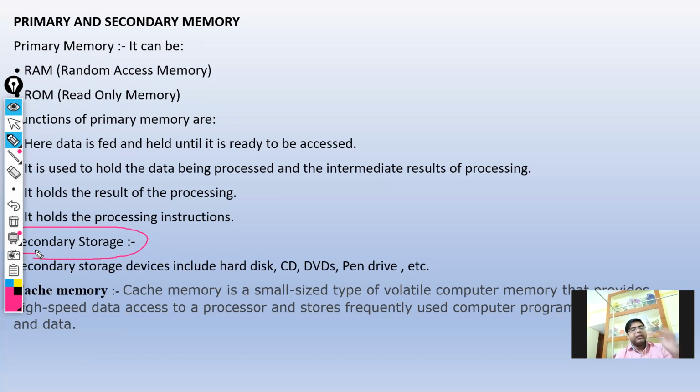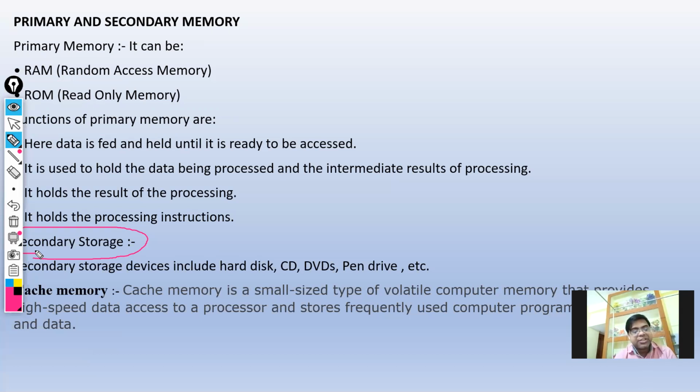Okay, the secondary storage memory is used to store bulk of information. The information stored in secondary memory is not lost, so it is called non-volatile memory.